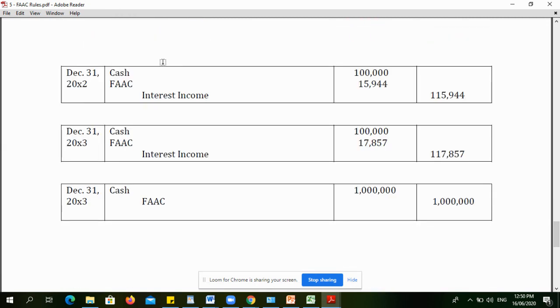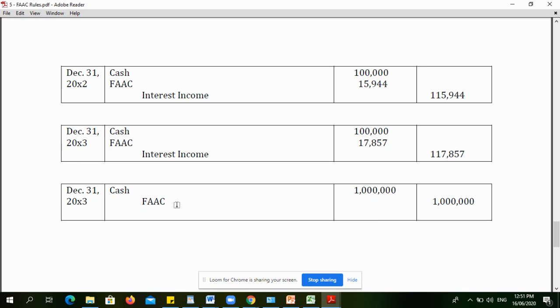You notice that we recognize cash and interest income, but the FAAC keeps increasing. And again, FAAC is debited again. Okay. And again, let us not forget the last entry. Because at the end of the term, we will be paid 1 million pesos. So, look: FAAC is now credited and cash is debited.